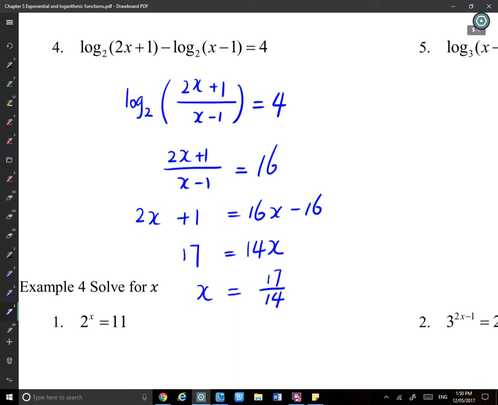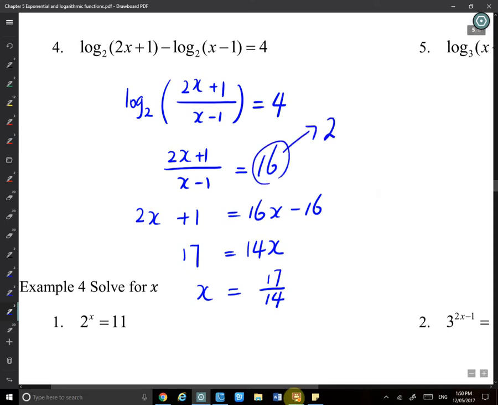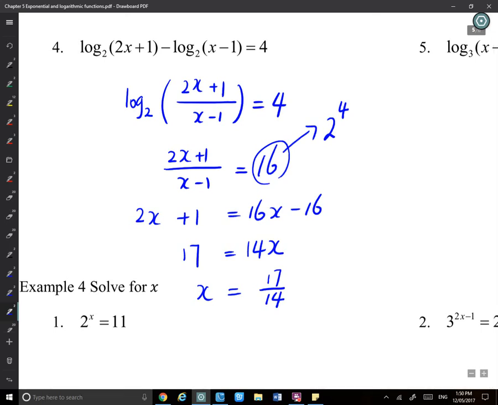That's 2 to the power 4. That's not 4 to the power of 2, it's 2 to the power of 4.